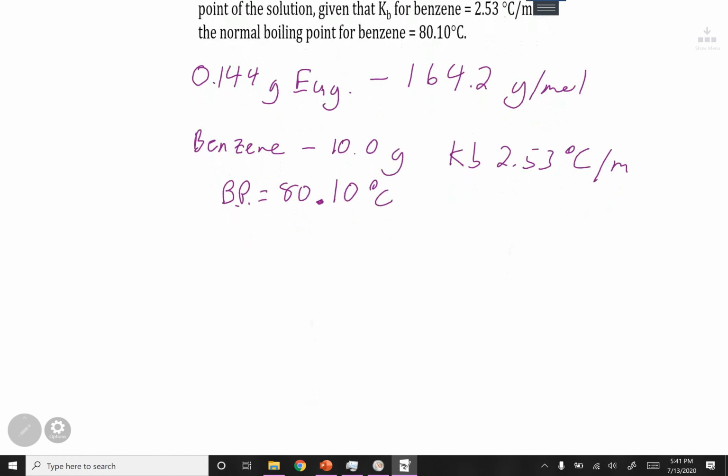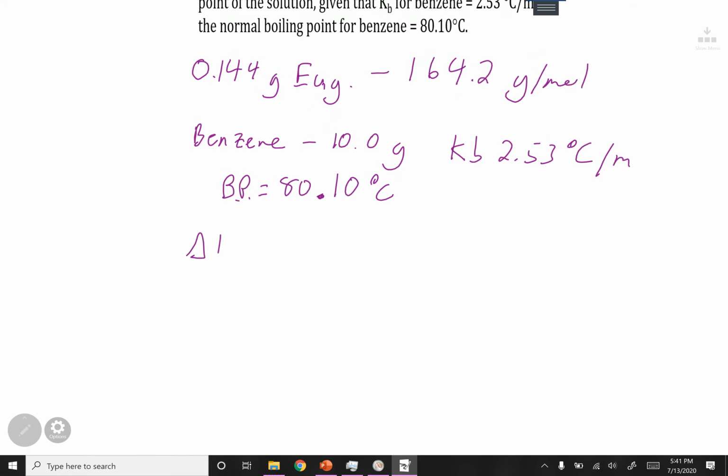And we know that we need our delta T equation. So delta TB is equal to our constant for boiling times our molal.